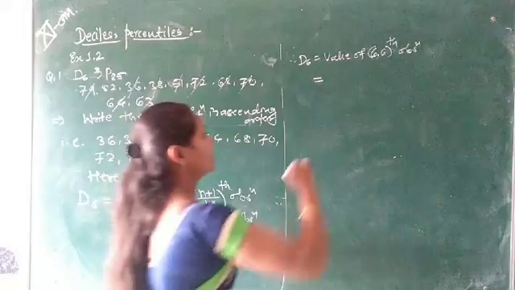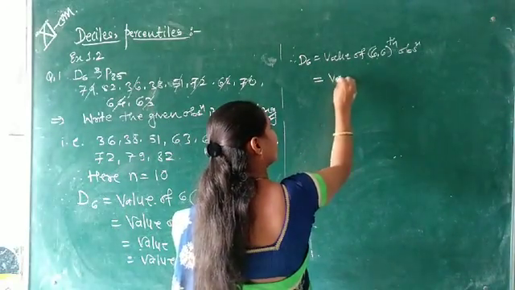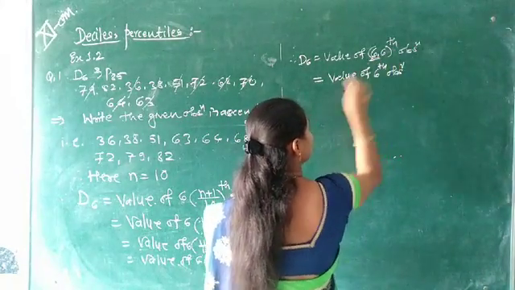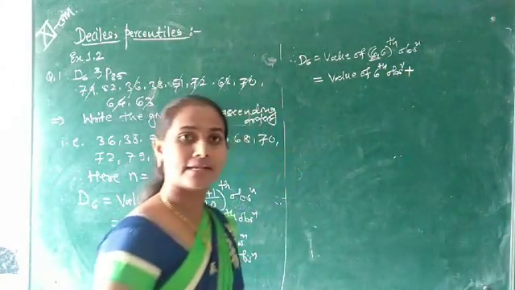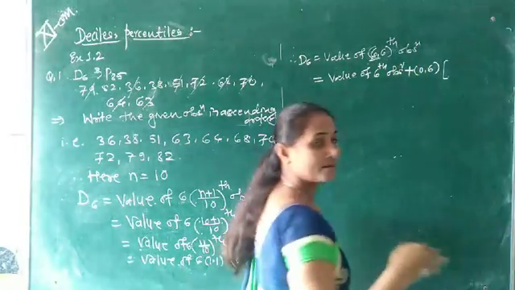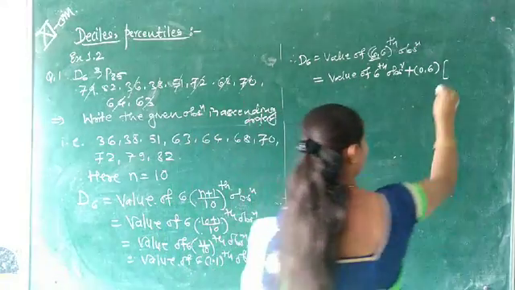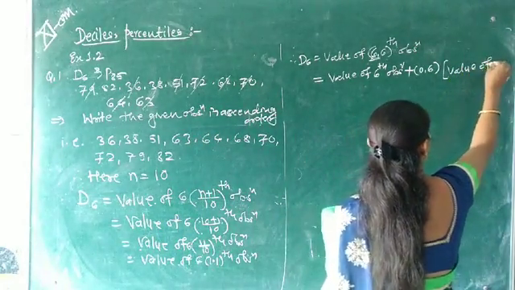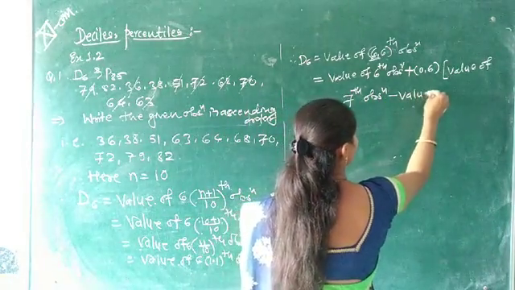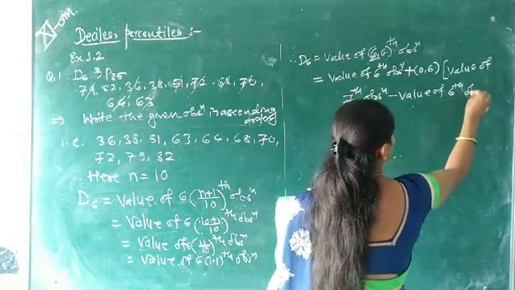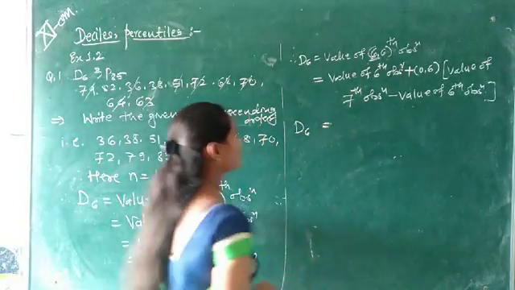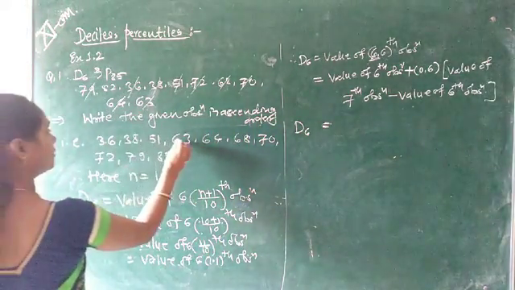How to find this value? 6.6 can be written as value of the 6th observation, plus 0.6 into the value of the next observation, the 7th, minus the value of the 6th observation. The 6th observation is 68, plus 0.6 into (70 minus 68).